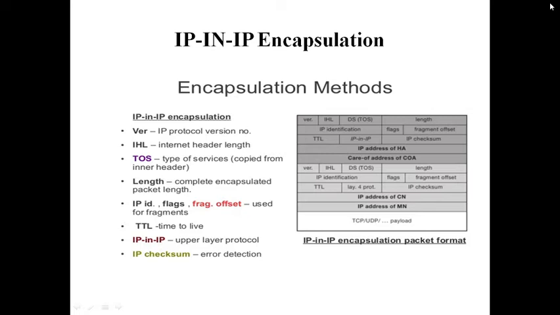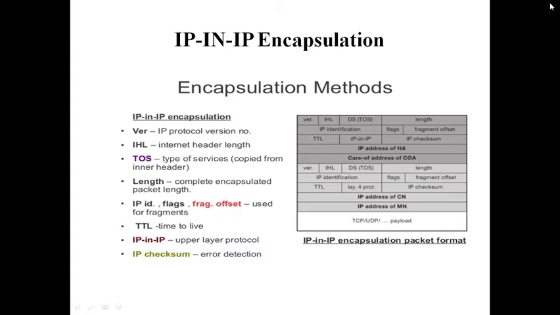And the next one is length. This length field covers the complete encapsulated packet. IHL means only the outer header. The length of only the outer header is stored in IHL, whereas in the length field the total encapsulated packet length is stored.